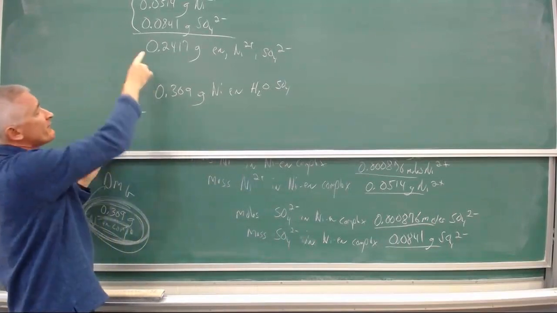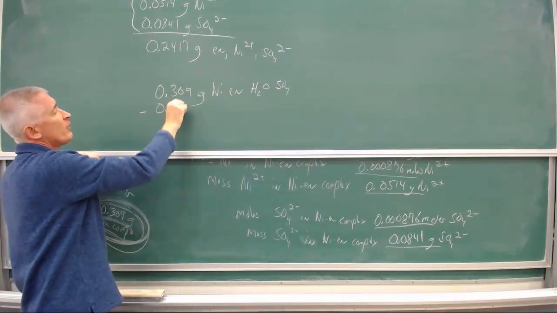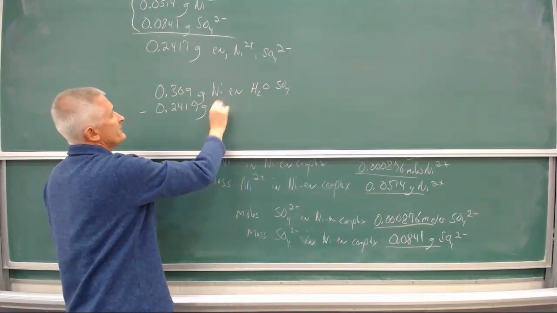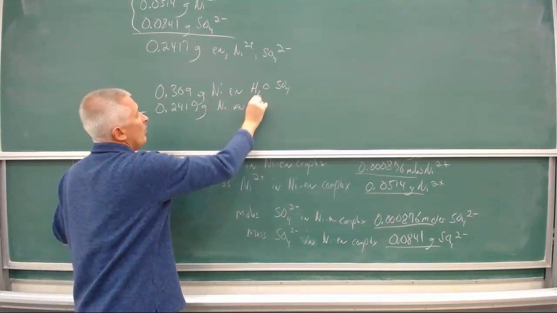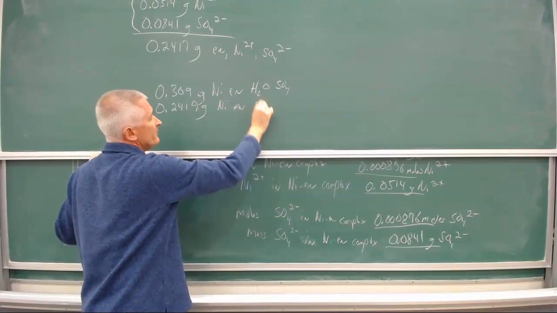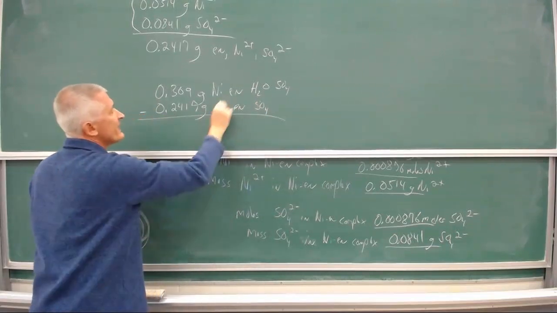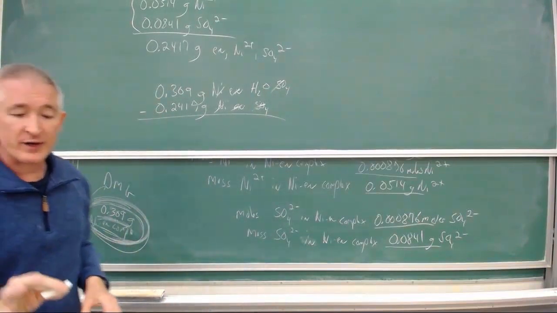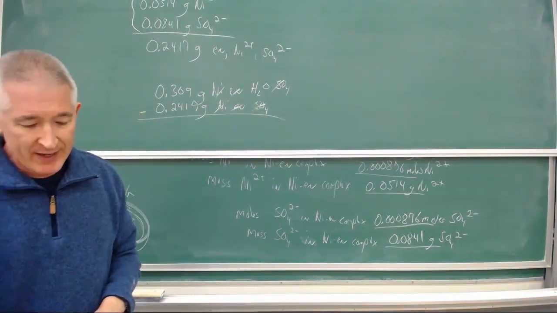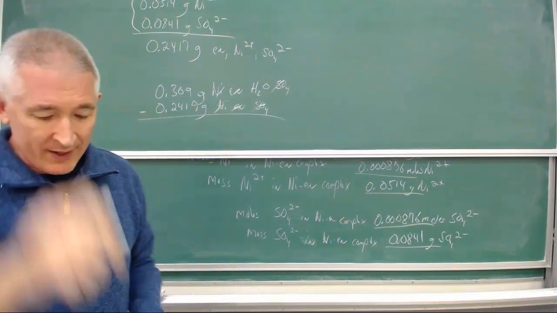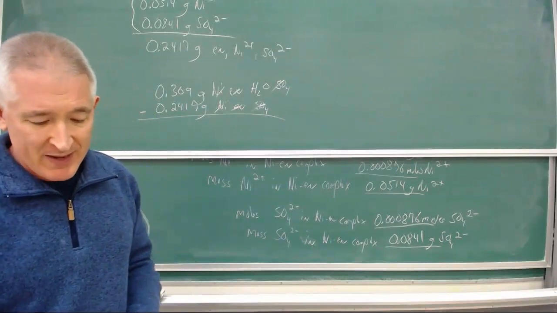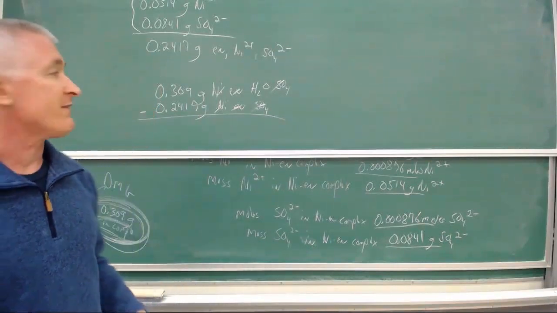If I subtract from that 0.2417 grams, that's the nickel, En, and sulfate, you can quickly tell me that that's going to be how much water is in my complex. Go ahead and do it. Get me a number. You wind up with what? Give it to me in the correct number of significant figures, just for fun.